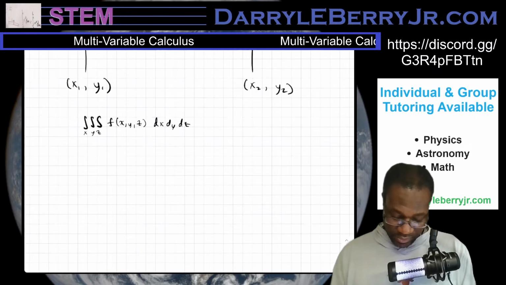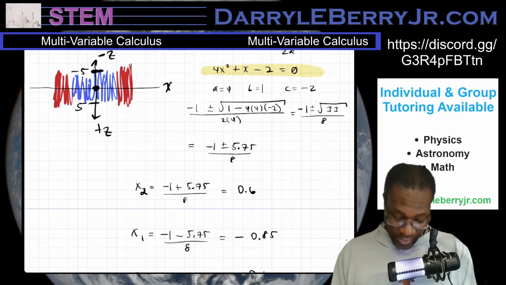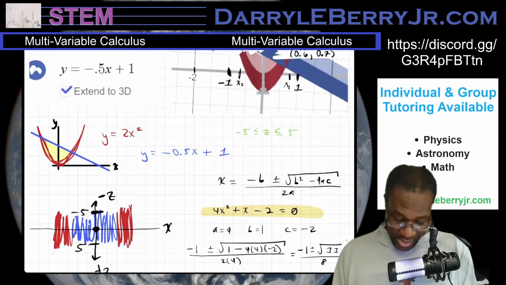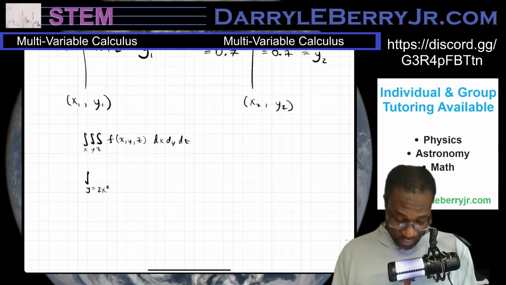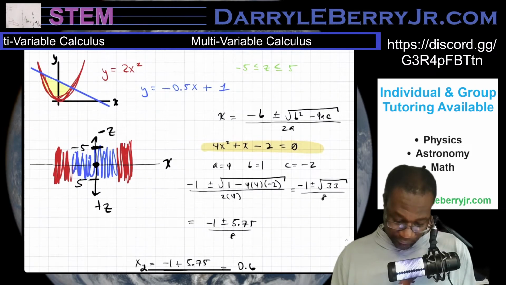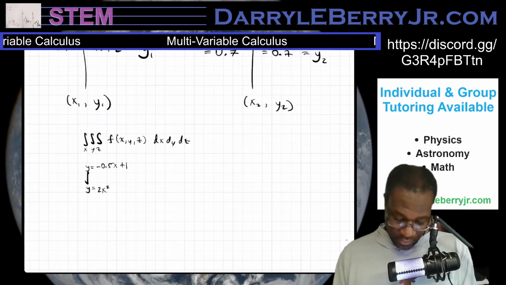So I should actually be able to do y equals, so the lower bound is 2x squared, and the upper bound equals y equals negative 0.5x plus 1, and we have that.